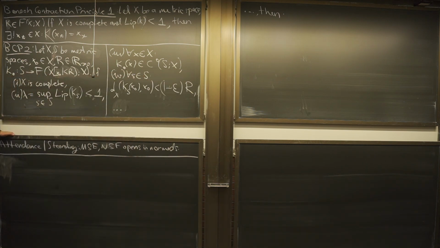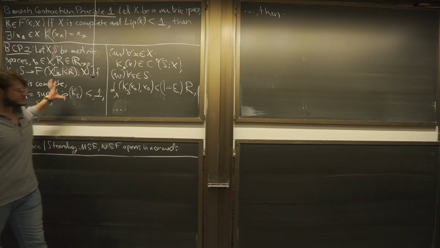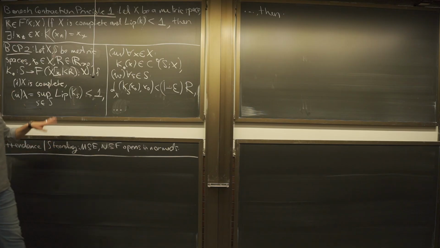So this is the background machinery, Banach Contraction Principle. And then there's a second version of that, which really is what we're going to use. I didn't even finish stating this.